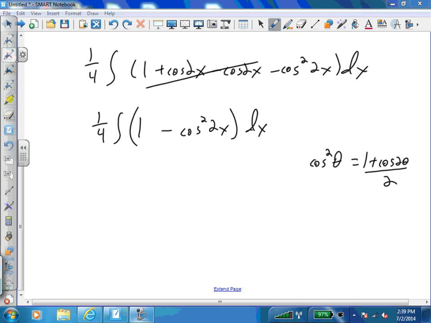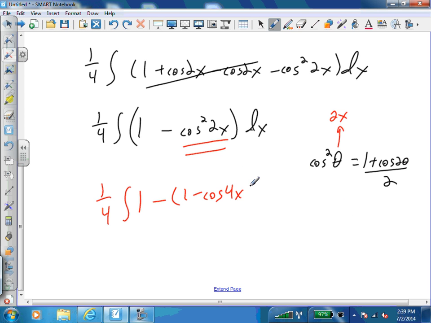So in our case, we've got cosine squared 2x, so what is our theta? 2x. So we're going to change this to 1 minus cosine twice theta. Well, if our theta is 2x, what would twice theta be? 4x. Yes. Over 2.